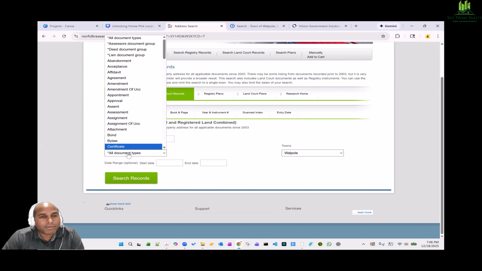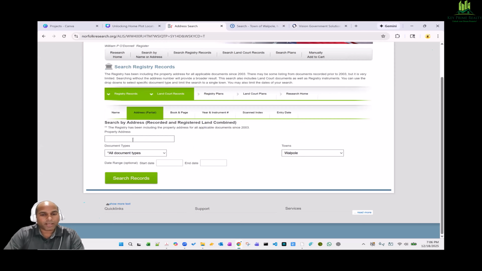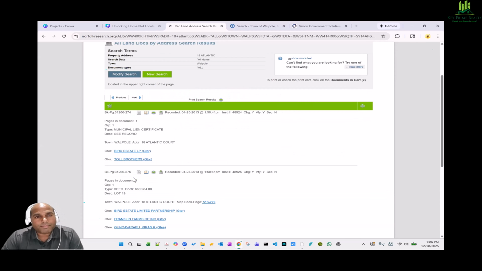So maybe we'll just take all the document types, and just search. And you get a whole lot of documents. And by the way, this is public, so anybody can look at any address.